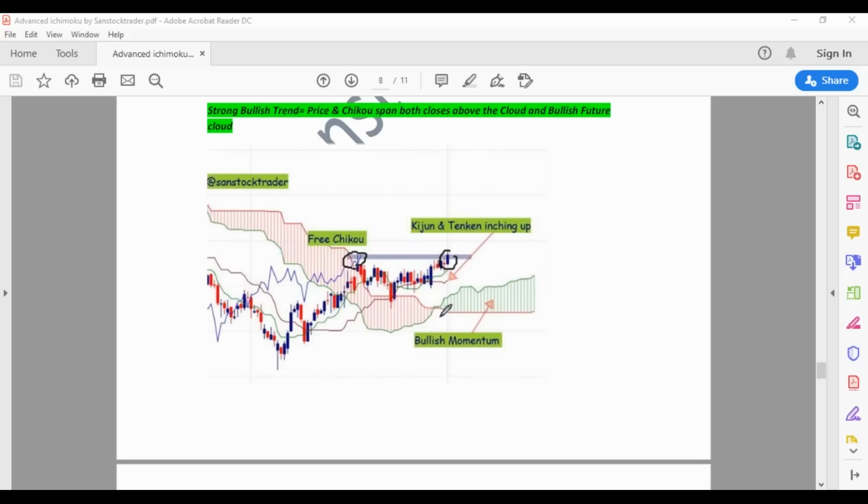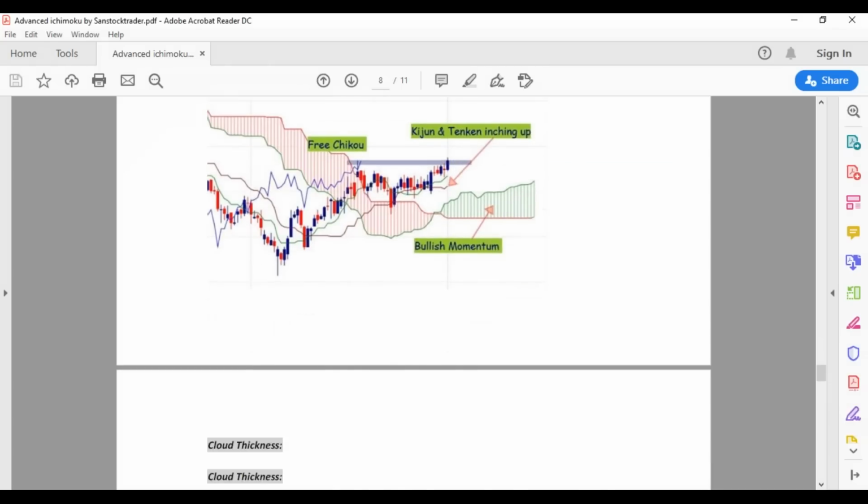At the same time, one can see that after this twist, the cloud is also getting strength. The cloud is getting thicker and thicker. And I can show you that after this level, price has moved significantly upside. That's the beauty here.